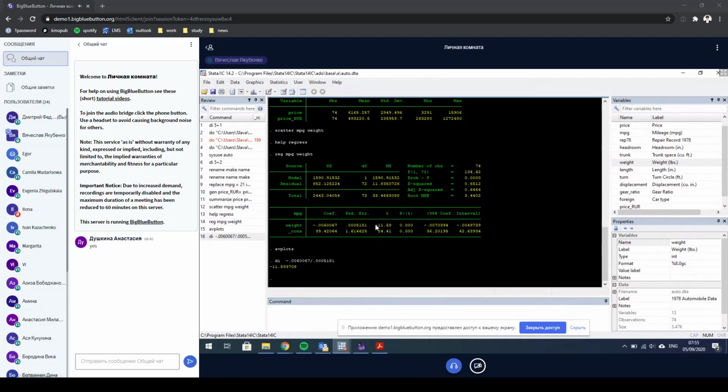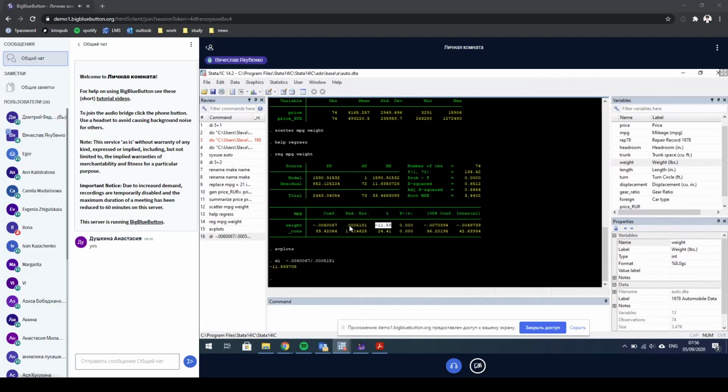So we've just generated t-statistics, just divided coefficient by standard error. And this t-statistic we normally use for reference to analyze if the coefficient is big compared to standard error or not. So this is what we care about.